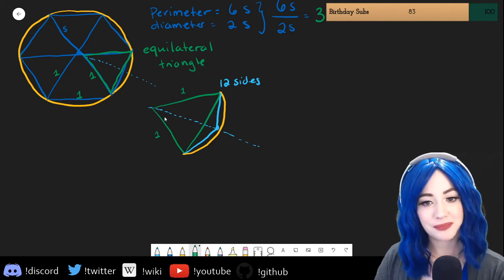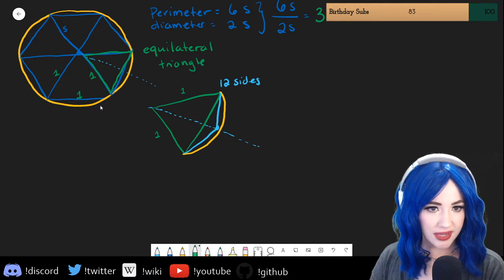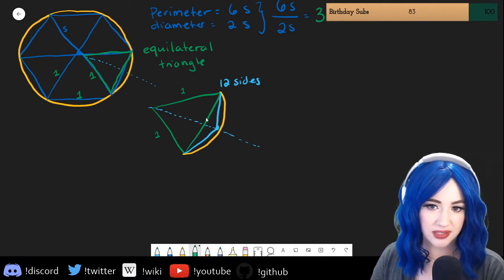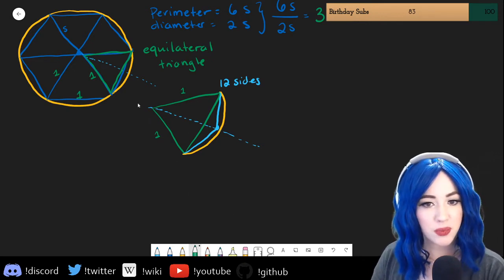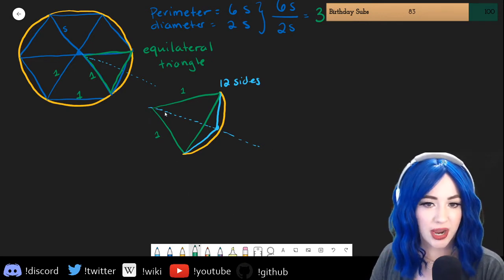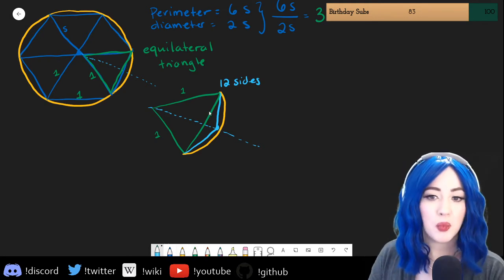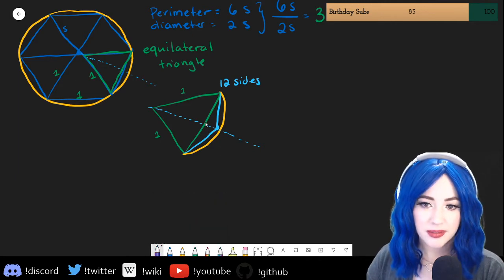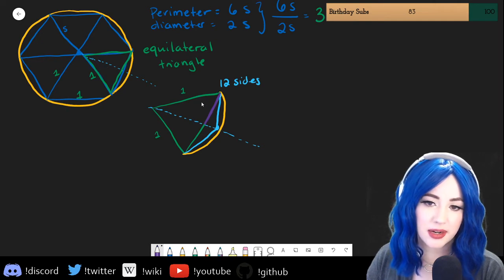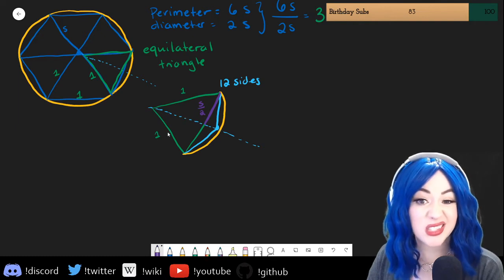Okay, so we've got sides with value 1, because they're all equilateral triangles, so we also know this base right here is also 1. And because we've cut this triangle perfectly in half, even if it doesn't look like it, we know that the length of this right here is s over 2, or in our case 1/2.